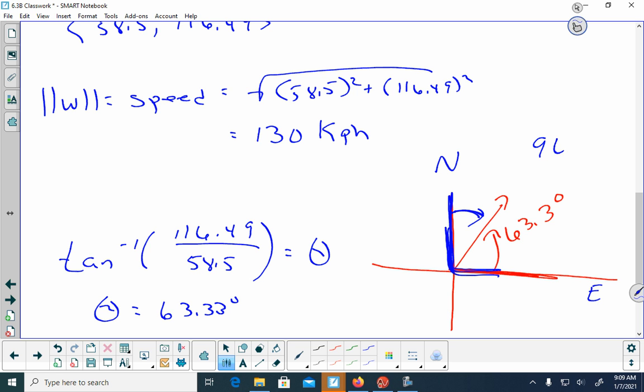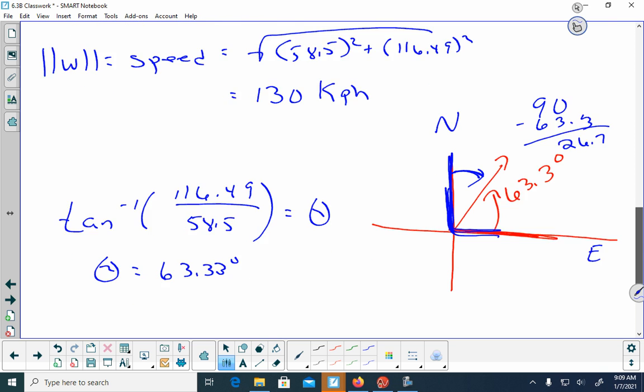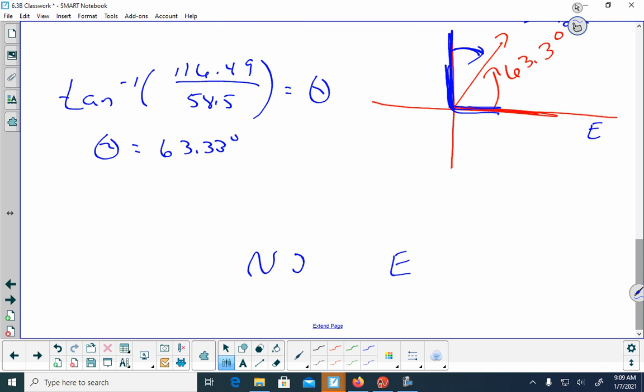So I'm going to take 90 minus 63.3, and I'm going to end up with 26.7, which is 26.67 if I were rounding to two decimals. So this would be 26.67 degrees. And I can say 26.67 north of east, which is my bearing.